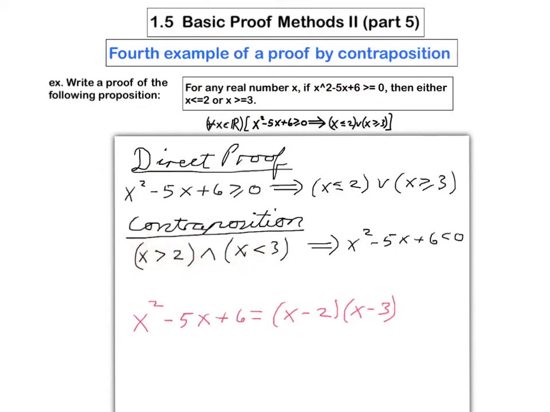But x bigger than 2 guarantees that x minus 2 is positive, and x smaller than 3 guarantees that x minus 3 is negative. So now you're multiplying a positive by a negative. That has to come out negative, and so you have successfully deduced this. I think you'll agree that proof by contraposition is much easier to write up.